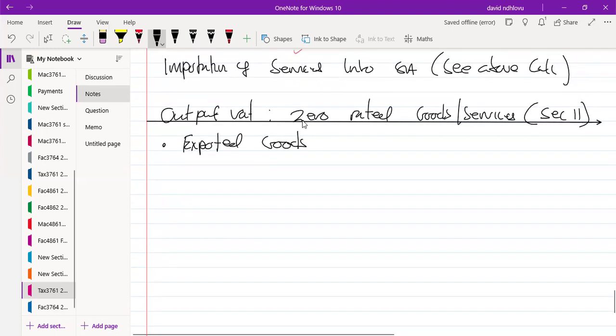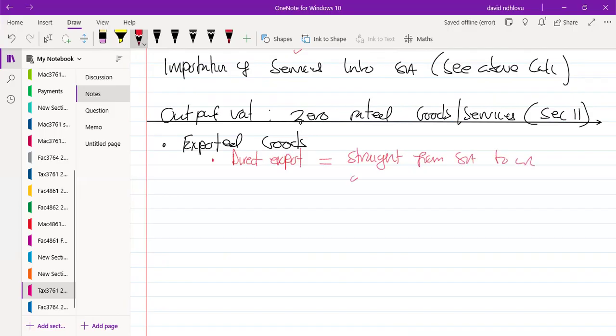We do have some terms that are important when it comes to exportation of goods. One of them is a direct export. Straight from SA to an address outside SA.